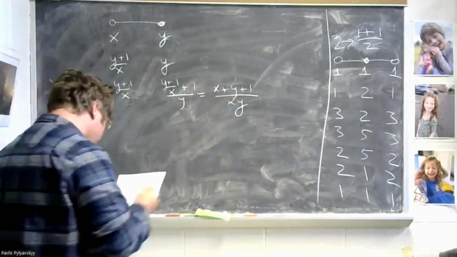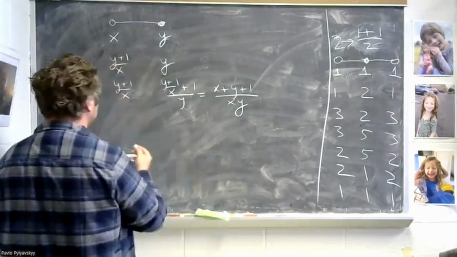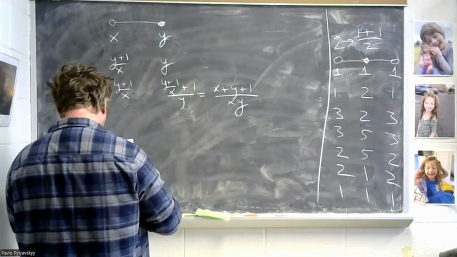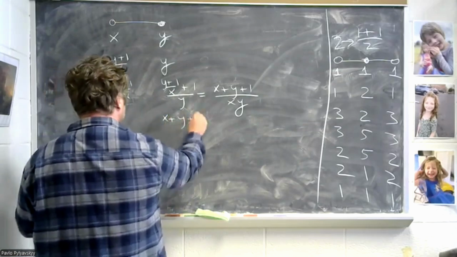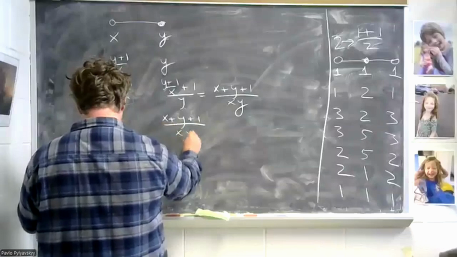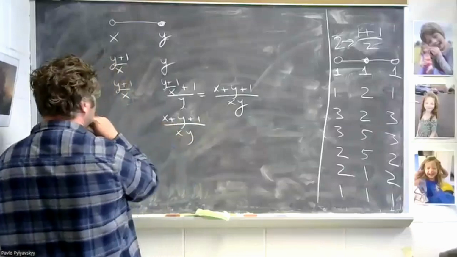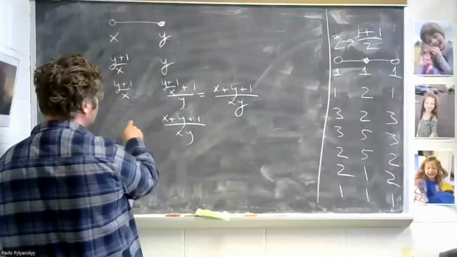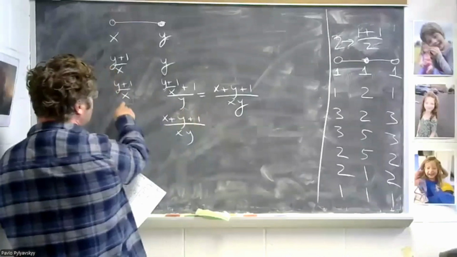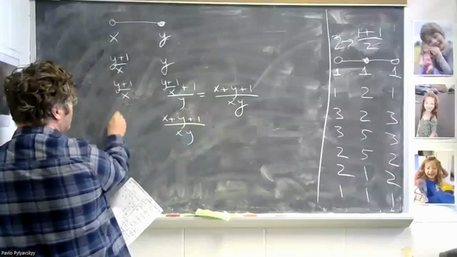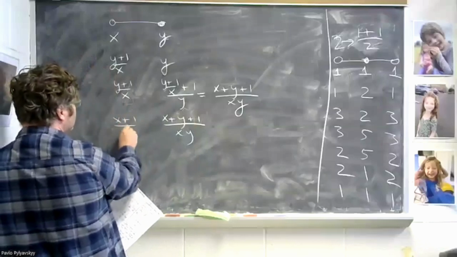And we just keep going. Next, this one will stay the same, xy, but this one will change. And this is the most fun one. If you add one here and divide by this, you will get this.